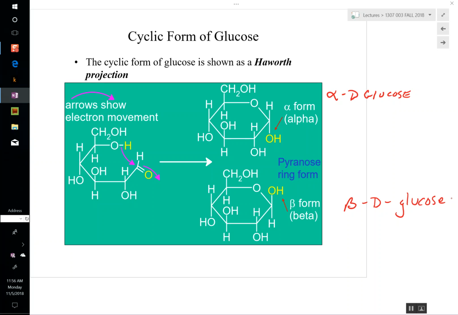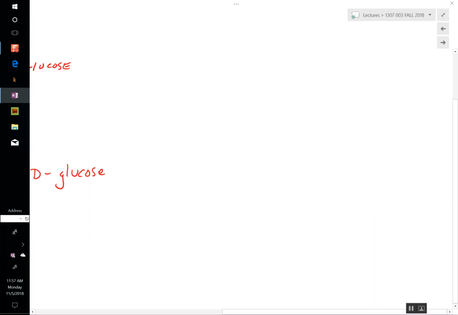When we just talked about D-glucose, we were talking about it in the open chain form. But now we're in the closed ring form, and you could end up with this OH above the ring, it's beta D-glucose, or below the ring is alpha D-glucose. So what do I mean by that? Let me show you how to draw it.